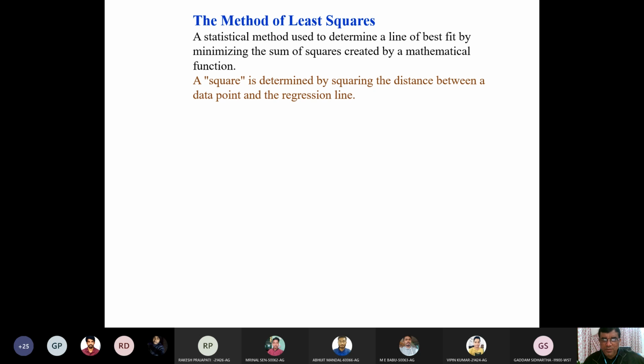And in the meantime, you can study from any statistical book. I recommend one book, Statistical Procedures for Agricultural Research. I forgot the name, but that is by Gomez and Gomez. Gomez and Gomez is the best book for all of you, whether you are in WST or SSAC or agronomy.